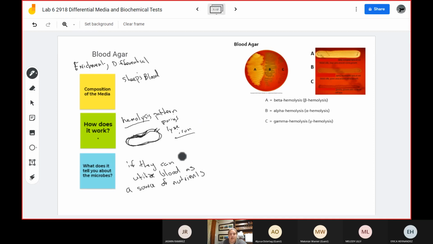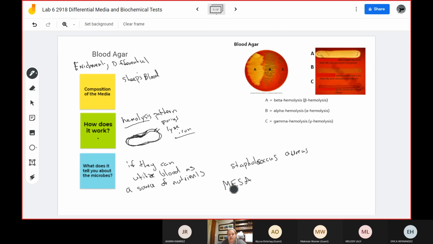One of the big bacteria that would be growing on a blood agar plate showing hemolysis patterns would be the group Staphylococcus. So Staphylococcus aureus is a bacteria that you can find on your skin. It's also the SA in the term MRSA.